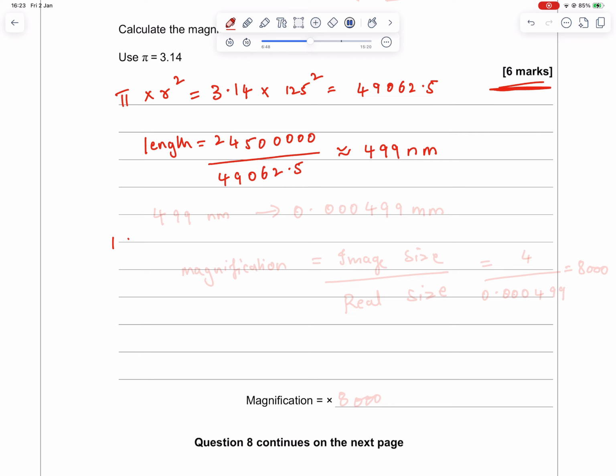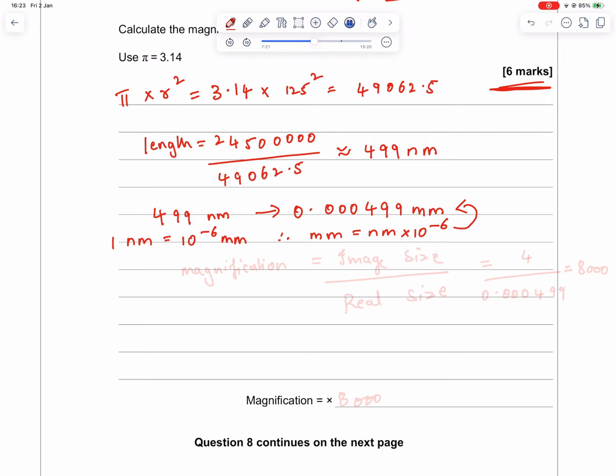Now, remember, the length of the image of structure Y in figure 8 is 4 mm, but I have got the length in nanometers, so I have to convert my nanometers into millimeters. That's very important. Converting my 499 nanometers into millimeters, I get 0.000499 millimeters.